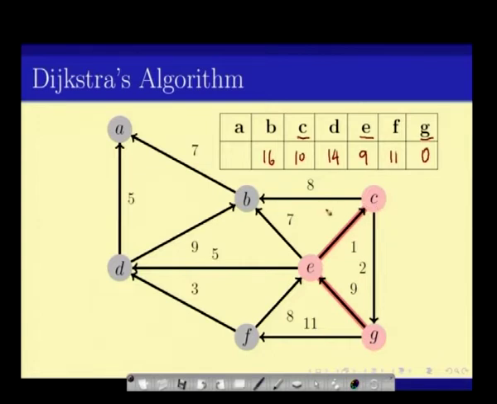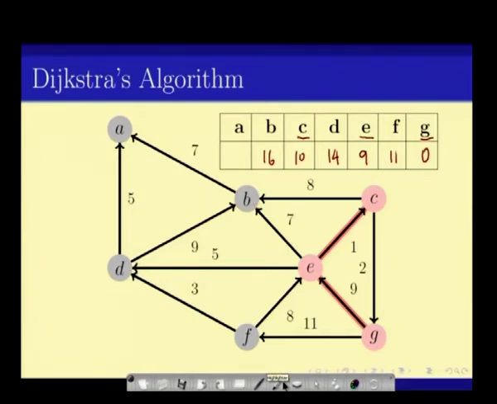So, we can go from G to B using 10 plus 8, which is an 18 length path. But since 18 is bigger than 16, we do not update it, we leave it. So, the path G to E to B is still the shortest path we have in mind from G.